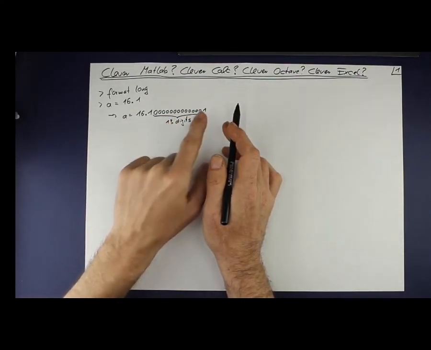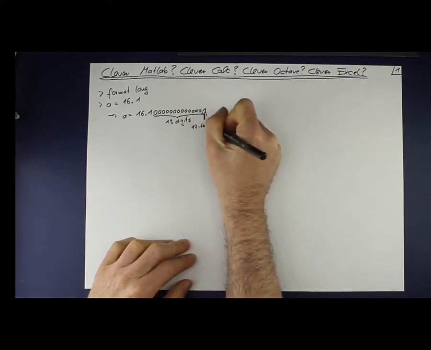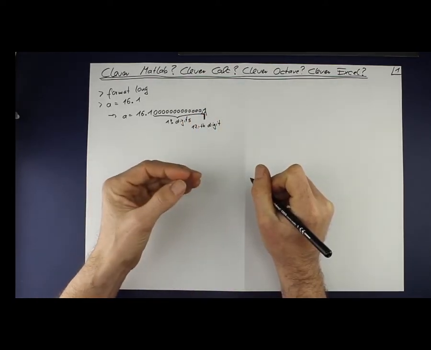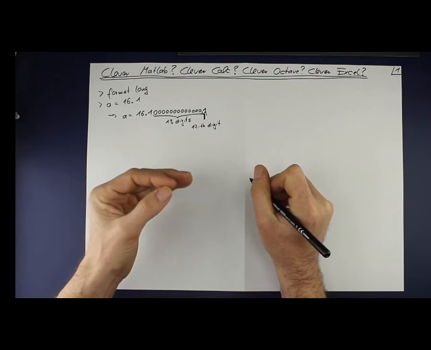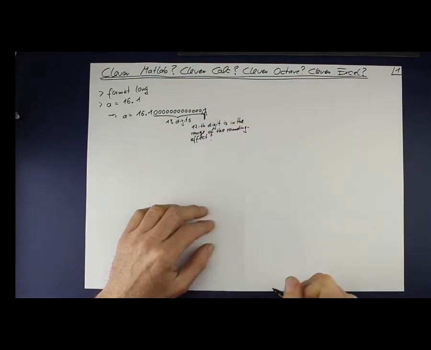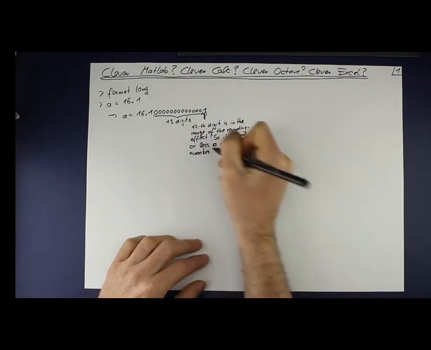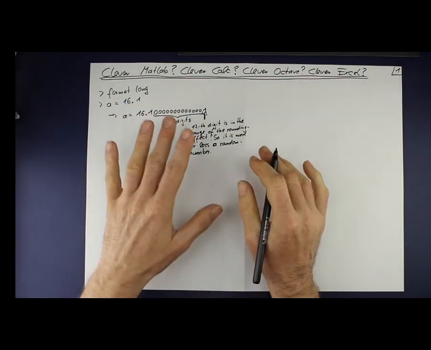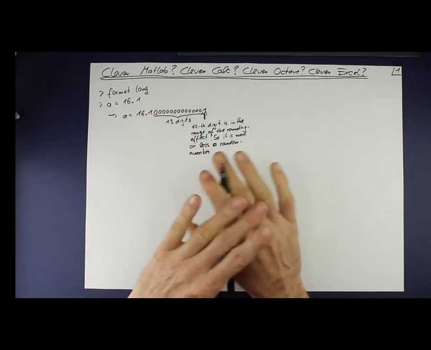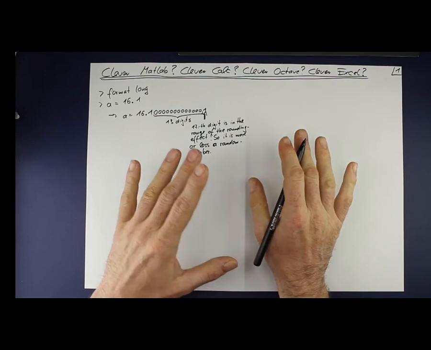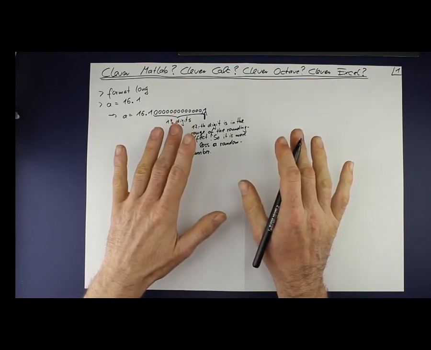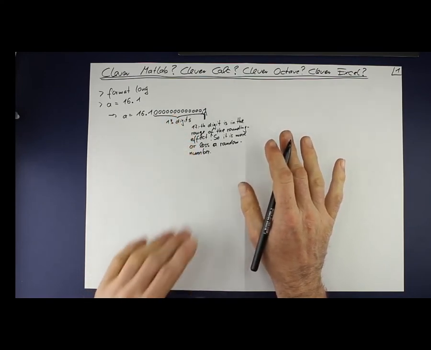This is the 17th digit. And what can we say about the 17th digit? Displaying 17 digits does not make any sense because only 16 digits are valid numbers.